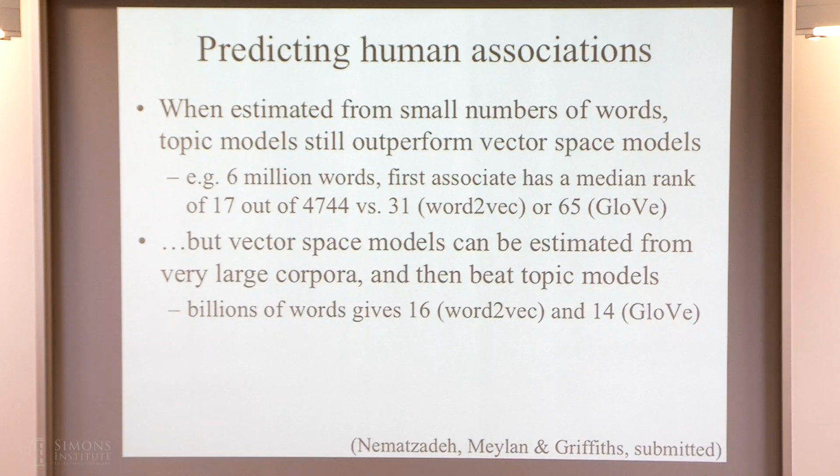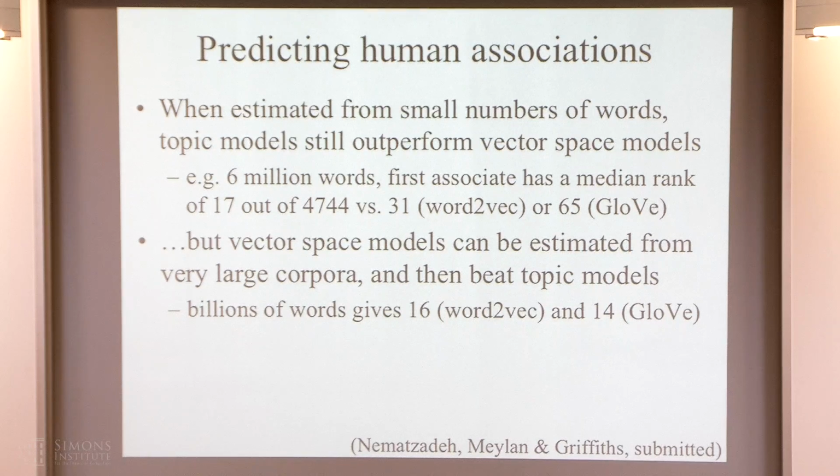But the real advantage of those vector space models is that they can be trained on very, very large corpora, say 6 billion words rather than 6 million. If you train them on those very large corpora, they produce representations that actually do better than the topic models. The best results that we've seen in terms of predicting human semantic associations come from the Glove model, which gets this number down to about 14.